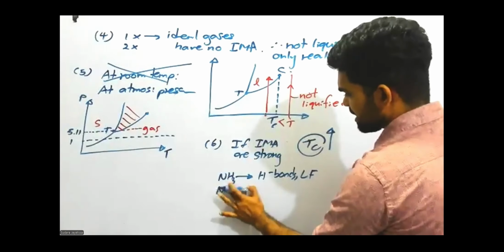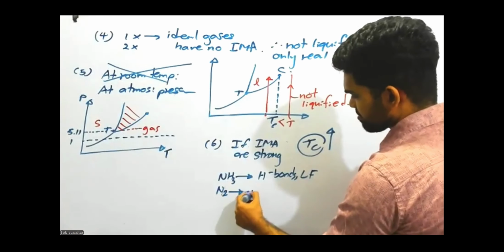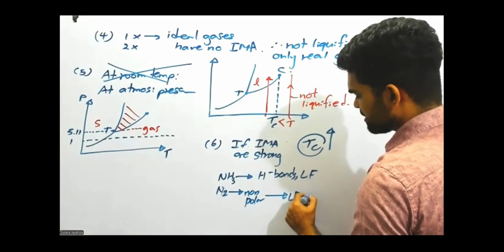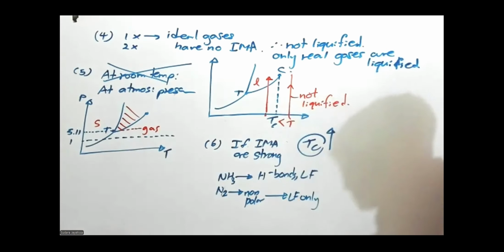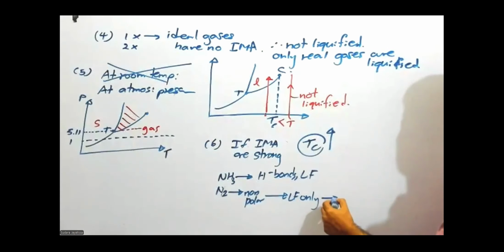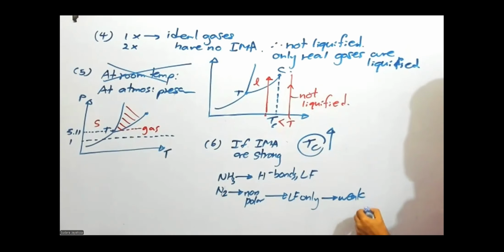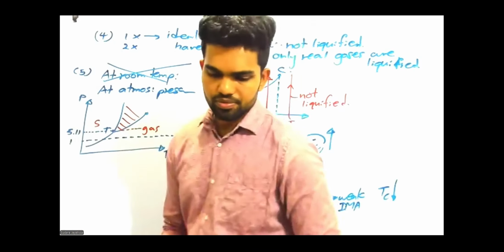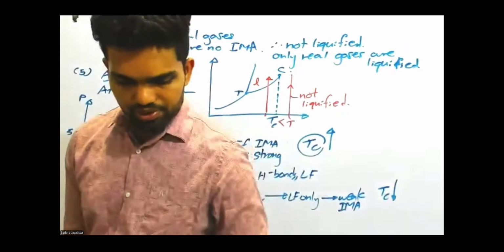Nitrogen N2 is a nonpolar molecule, so it has London forces only. Therefore it is weak. That means weak intermolecular attractions, so your critical temperature is low.